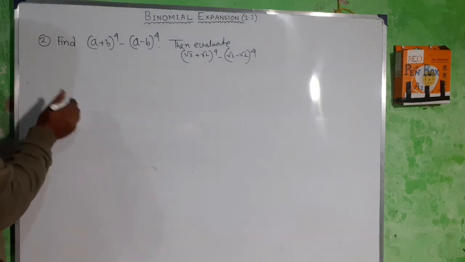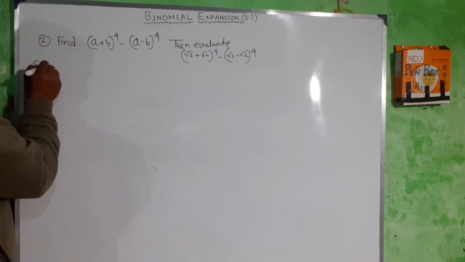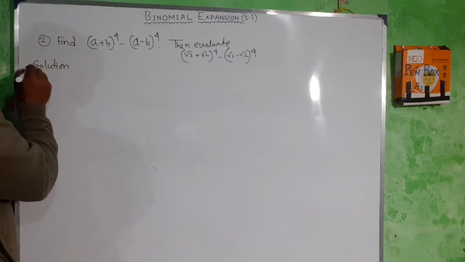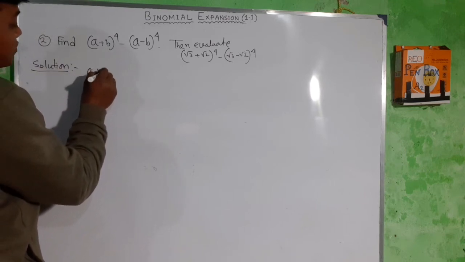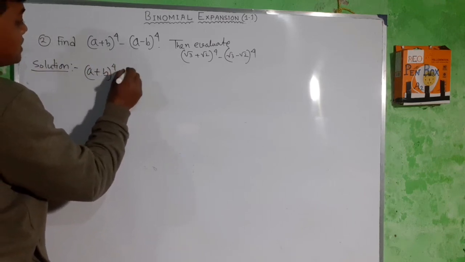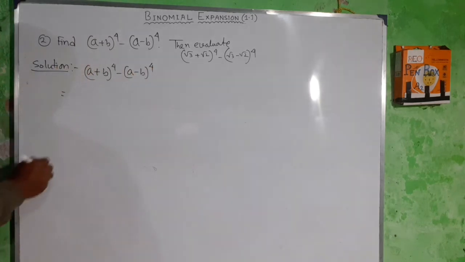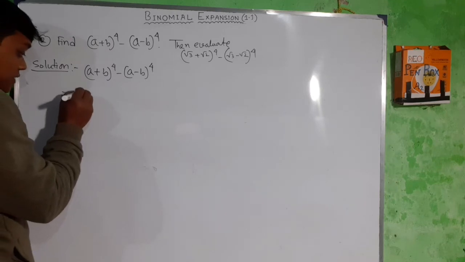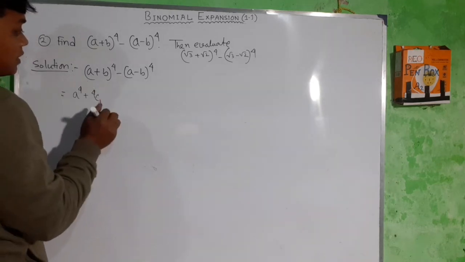So I use the binomial expansion. So the solution is that first we will do it step by step, then we learn about some tricks. (a + b)⁴ minus (a − b)⁴. By using the binomial expansion, this is a⁴, 4C1.